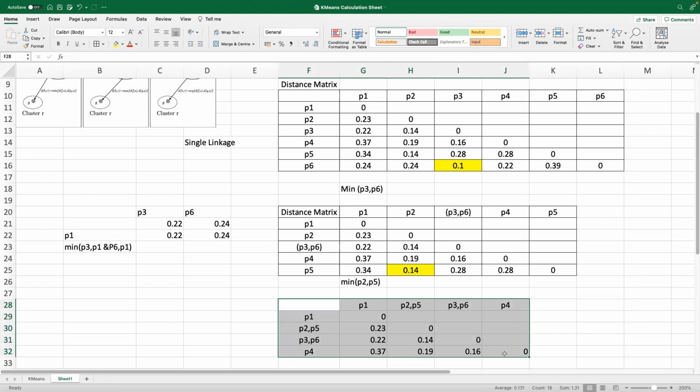Which one? P2, P5 is 0.23. We are taking the same values. Now, what is the lowest of all these things?